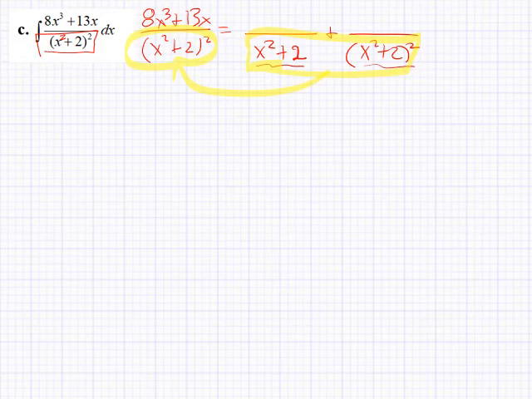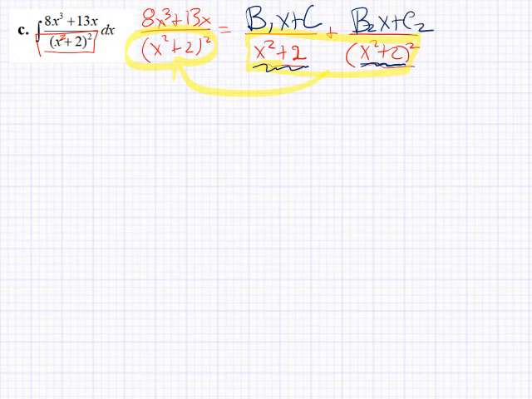And so what would the numerators be? Well, they're both quadratic, right? This is quadratic. This is quadratic as a factor. I mean, technically it's a fourth power if I multiplied it out, but the factor is quadratic. So b1x plus c1 and b2x plus c2.